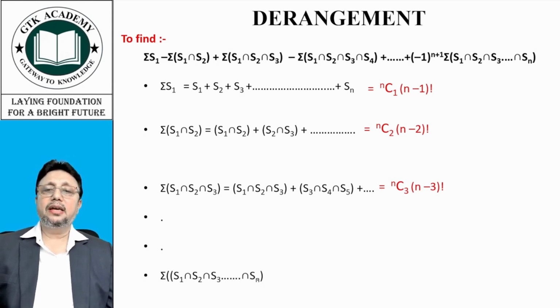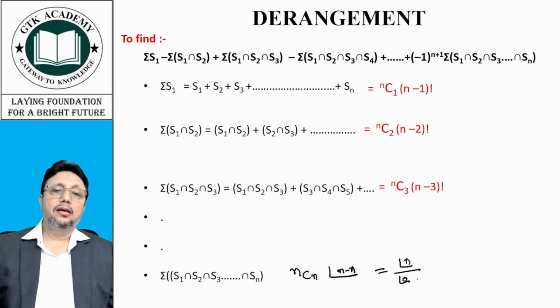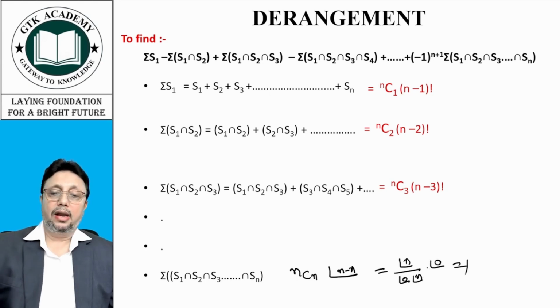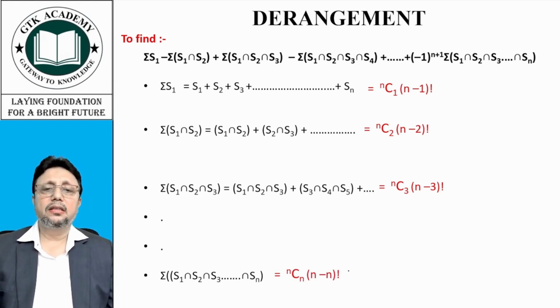If everything is at its correct place, means S1 intersection S2 till Sn, this will be 1, but we write in this form only. It will be nCn factorial n minus n, which again is factorial n upon factorial n minus n, factorial 0, and factorial n, and this is factorial 0, so this is 1, but we'll keep it written in this form only.